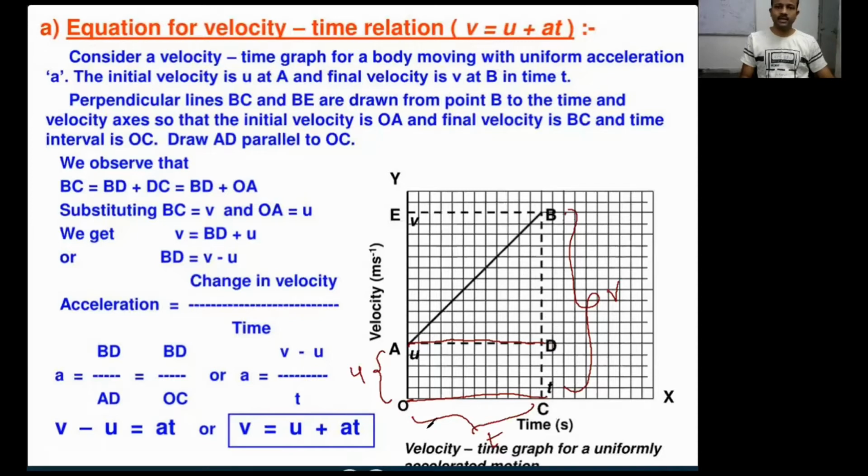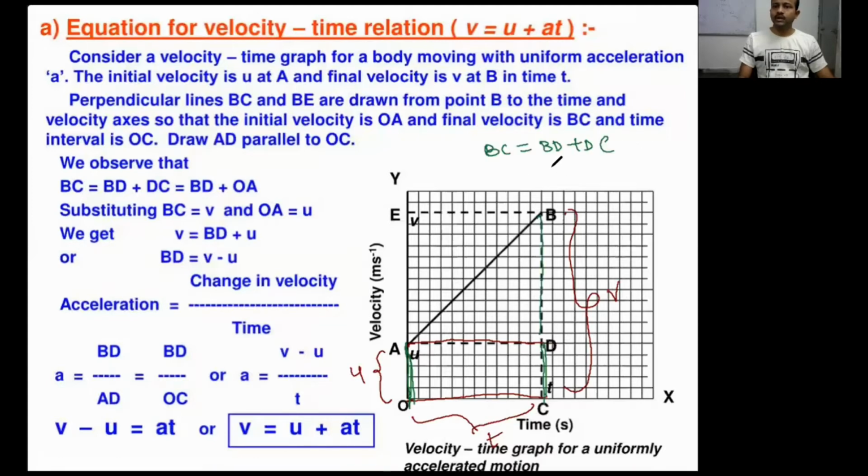Also, this DC we can replace with OA, because these are parallel lines having the same values. Then BC equals BD plus OA.